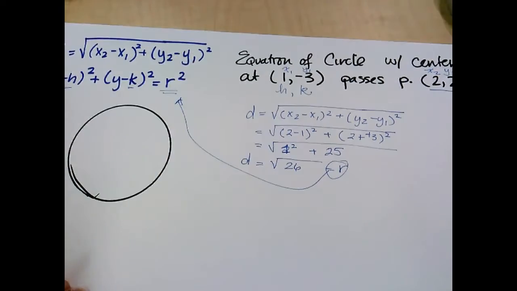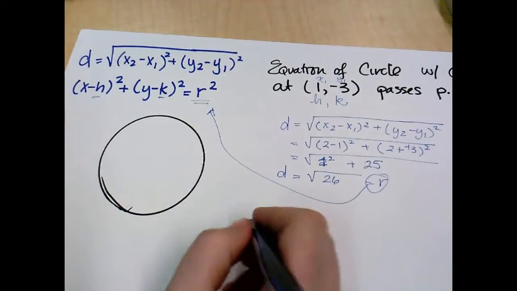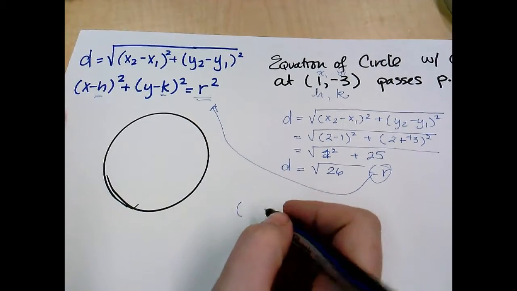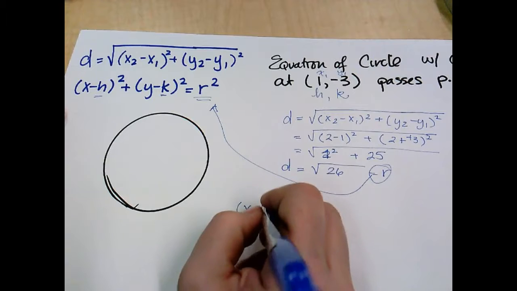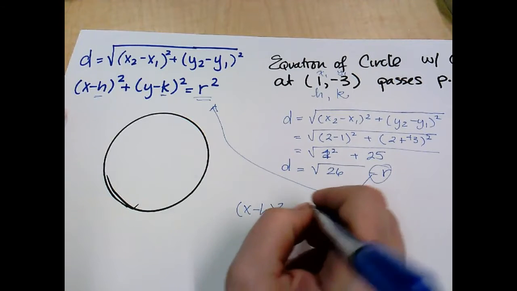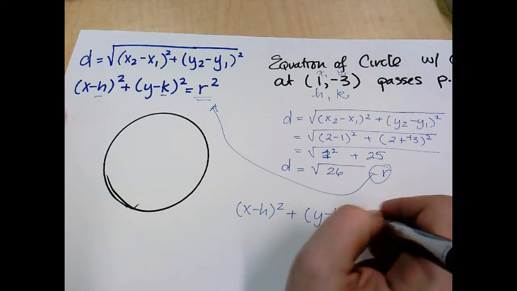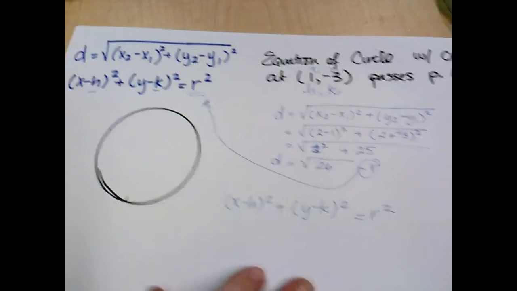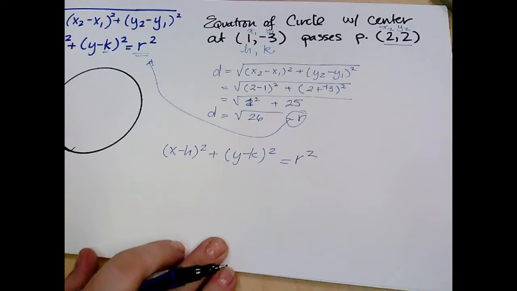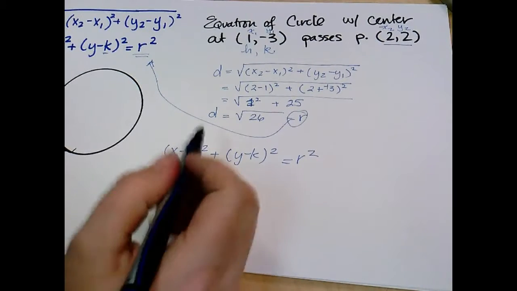right up there. So you can see I'm going to pick up my same circle equation: (x minus h) squared plus (y minus k) squared equals r squared. And in doing so, I'm going to fill in my parts.